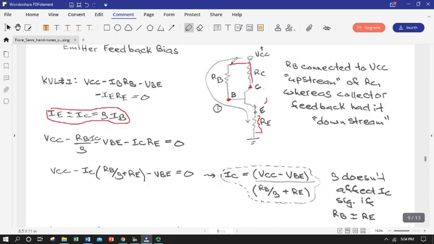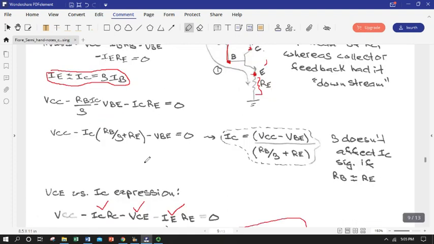So that's supply minus the Ohm's law drop over our base bias resistor. And we can look at the voltage at point E as just our emitter current times our emitter resistor, just Ohm's law to get us a voltage at E versus ground.